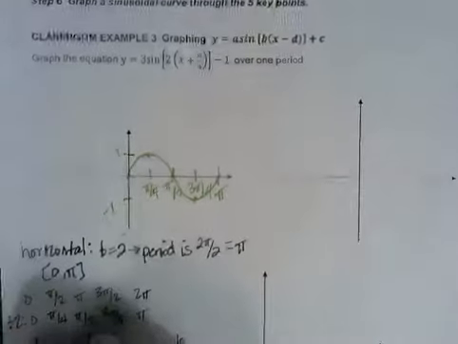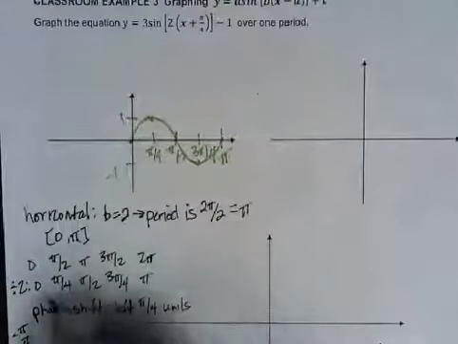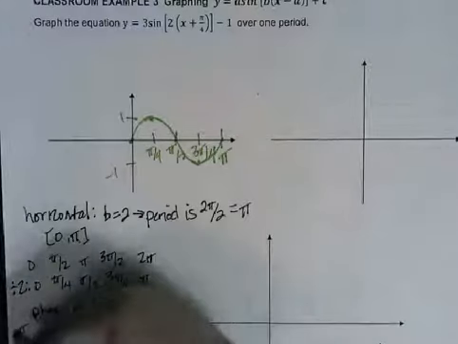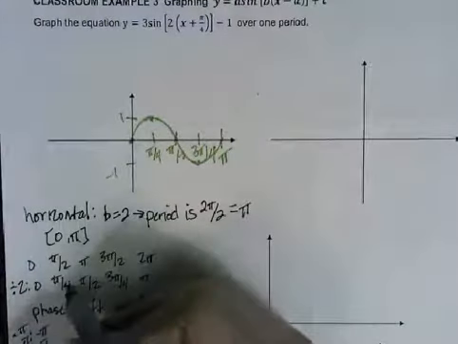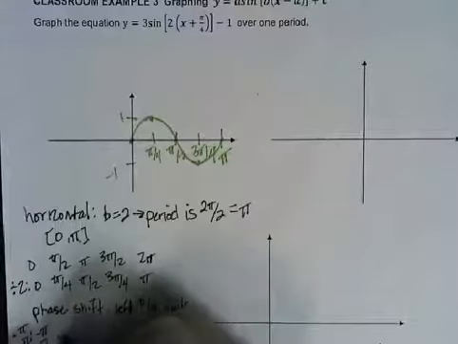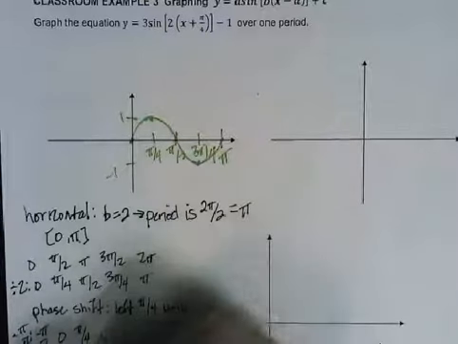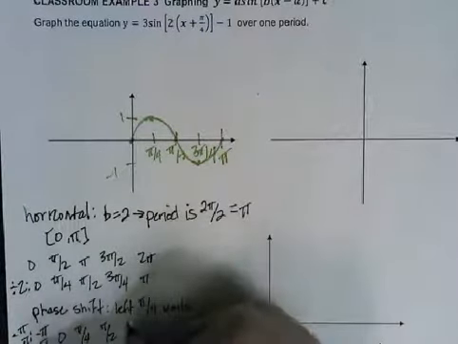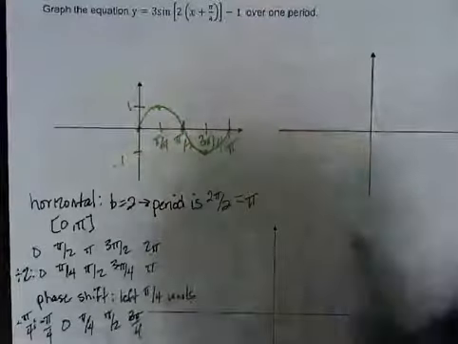So here I'm doing minus pi over 4 to get my 5 new x values. So this one would be negative pi over 4. Pi over 4 minus pi over 4 is going to be 0. This is going to turn into pi over 4. This will turn into pi over 2. And this will turn into 3 pi over 4. Those are my 5 new x values for my key points.